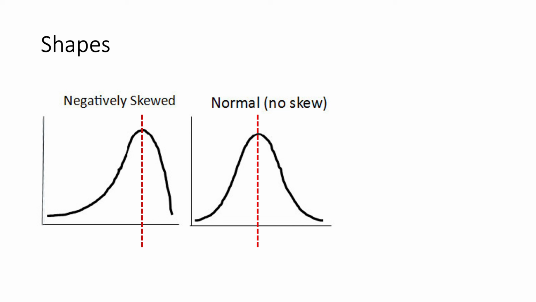But that's not the mean. So many people scored low scores that it pulled the mean down. And now we call this negatively skewed because those low scores took the mean down to the lower end.